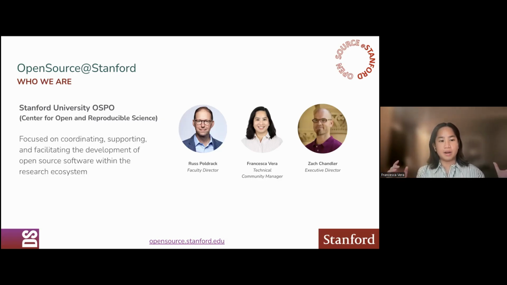And CORES is located within Stanford Data Science, which is located within Stanford's Dean of Research. By situating our OSPO in a very research-centric way, we are particularly focused on coordinating, supporting, and facilitating the development of open source software within the research ecosystem.